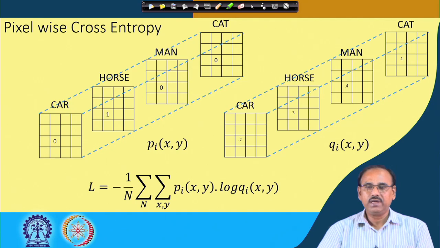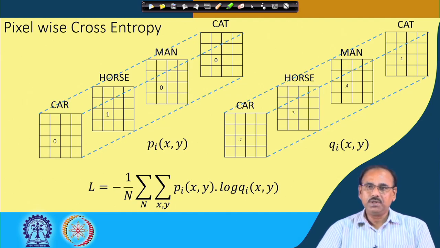In case of the one-hot vector, the component corresponding to horse equal to 1 means the probability that the particular pixel belongs to horse is equal to 1, and the probability that it belongs to any other category is equal to 0. That is what your one-hot vector tells, whereas actually the network gives you some other probability measure.